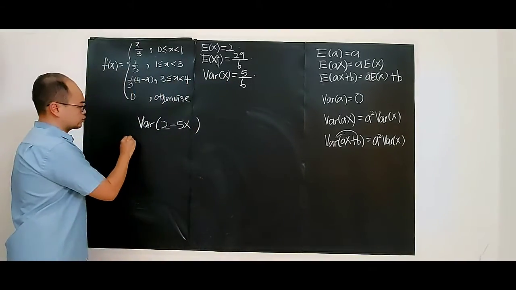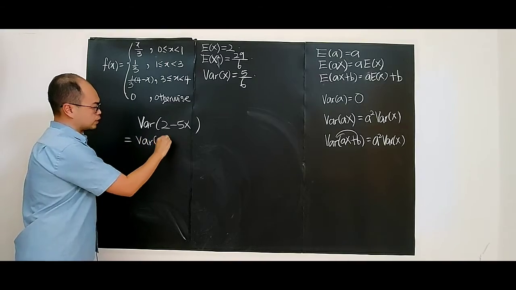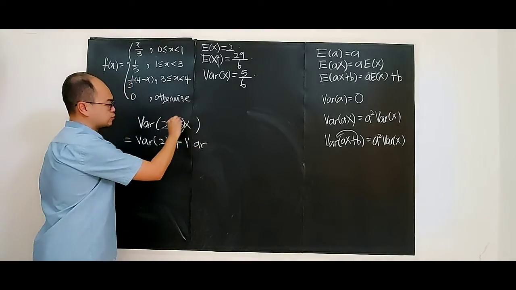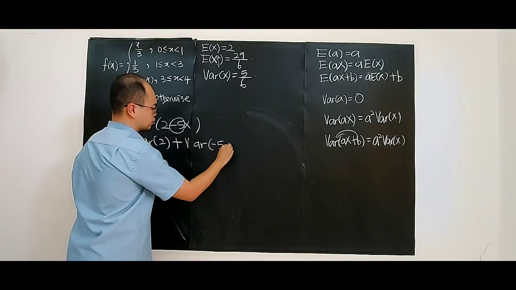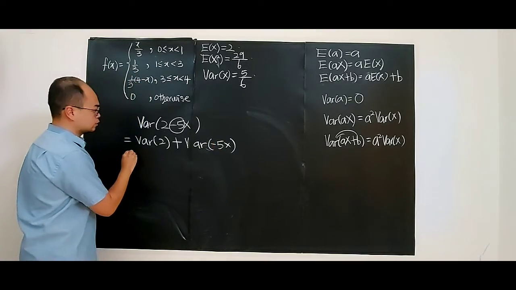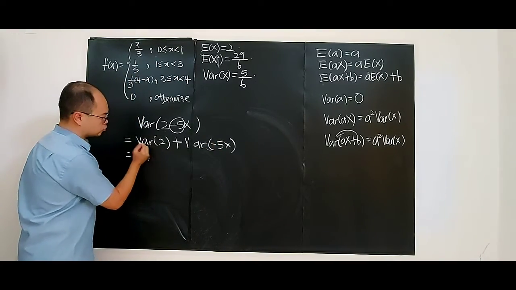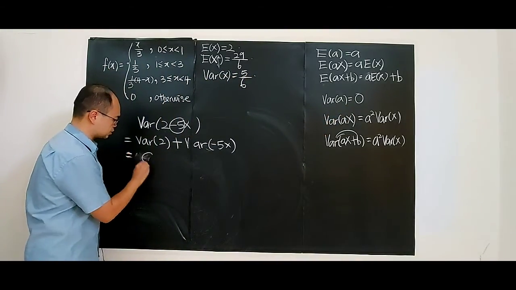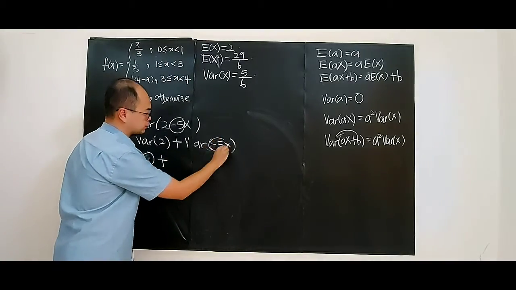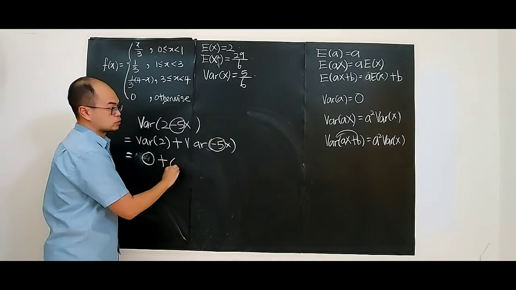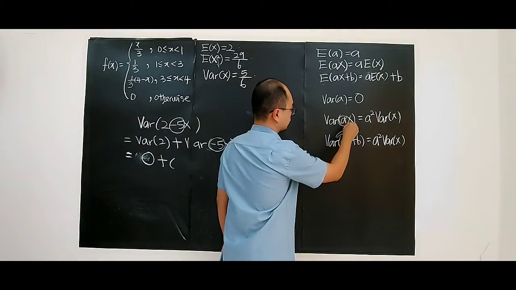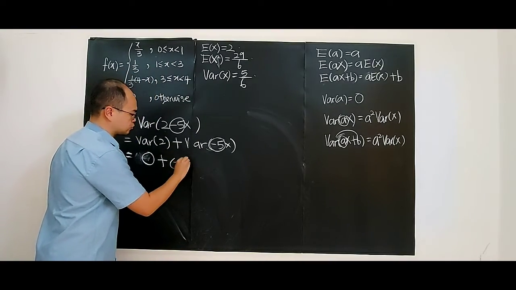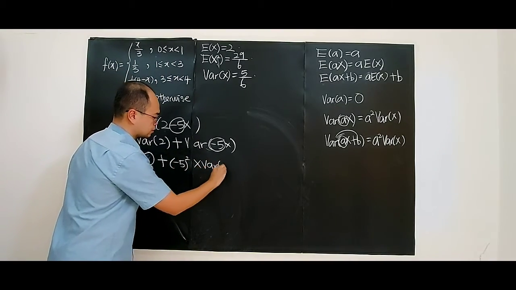You can write it this way: the variance of 2 plus the variance of negative 5x. The variance of a constant is 0, so you are getting 0 here, plus, don't forget that you have to square the coefficient of x. So negative 5 to the power of 2 multiplied with the variance of x.